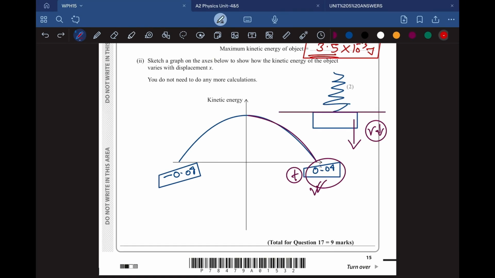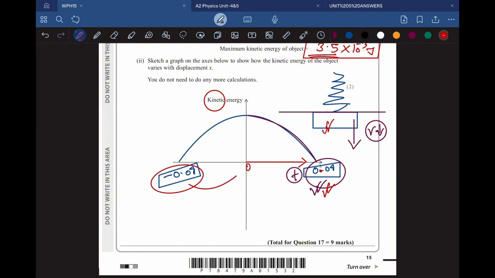From zero to positive displacement, its kinetic energy decreases, because air resistance takes out its energy, or the mass needs to do work against the air resistance or the resistive forces. That's why it loses its kinetic energy, and that's why its kinetic energy is decreasing from 0 to 0.04.